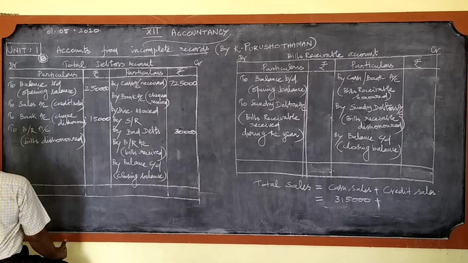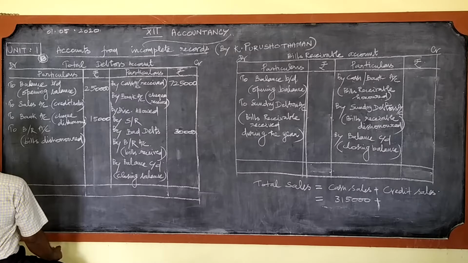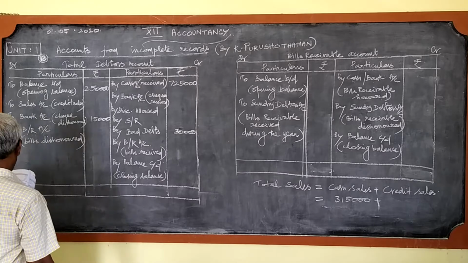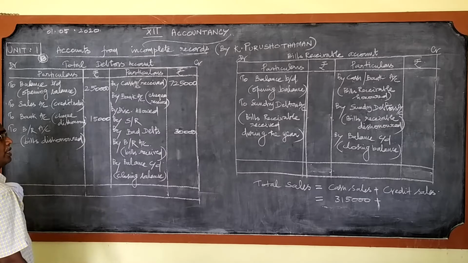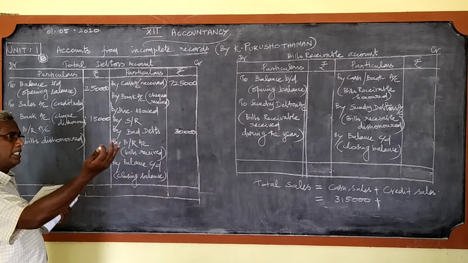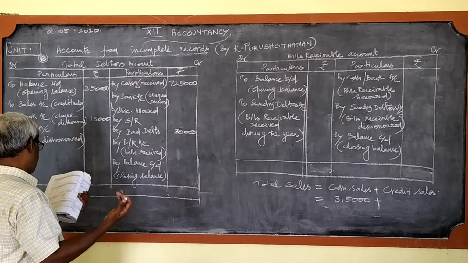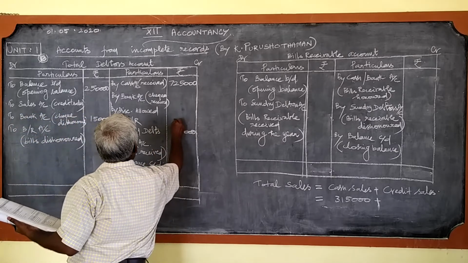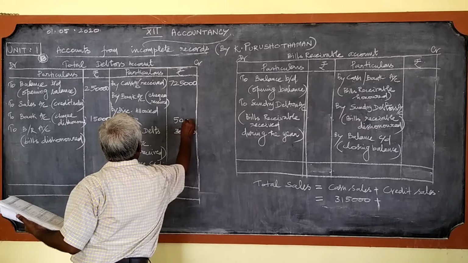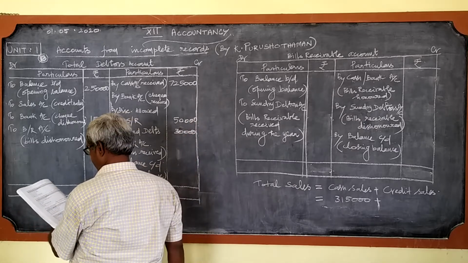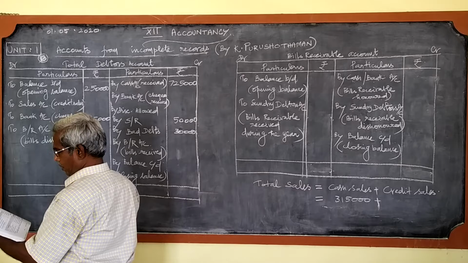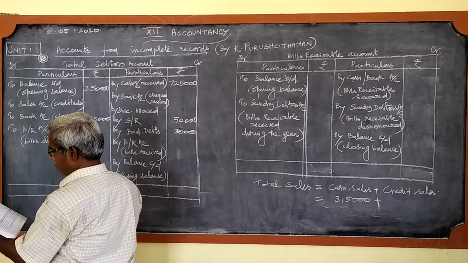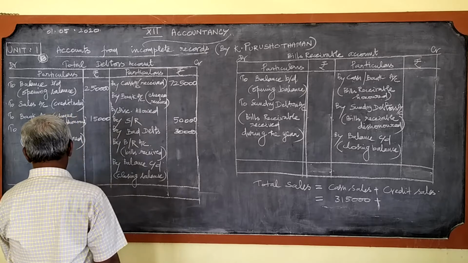Then the next item is returns inward. Returns inward means once the goods are sold away, they are sent back, therefore it is returns inward. Returns inward 50,000.